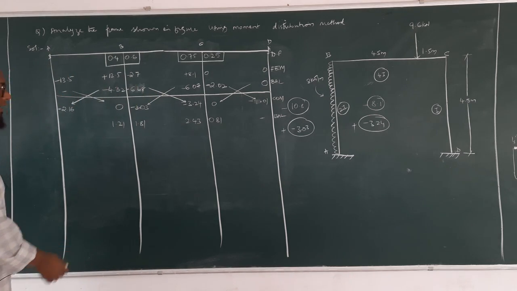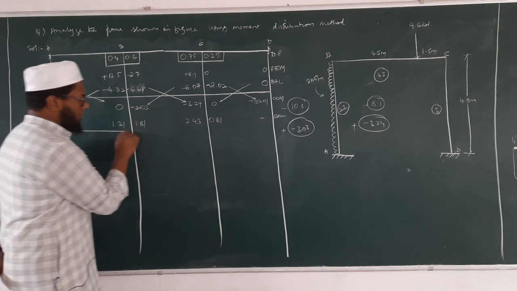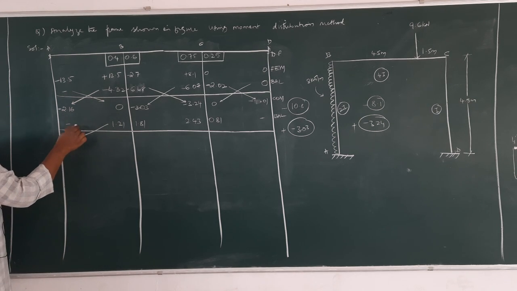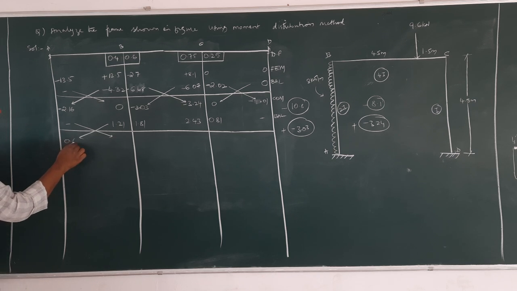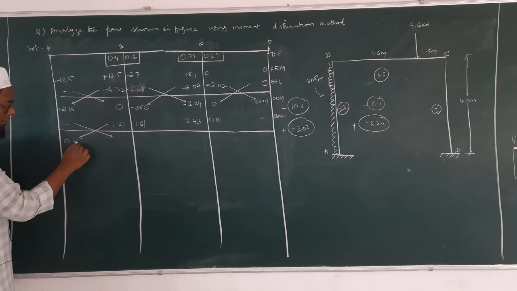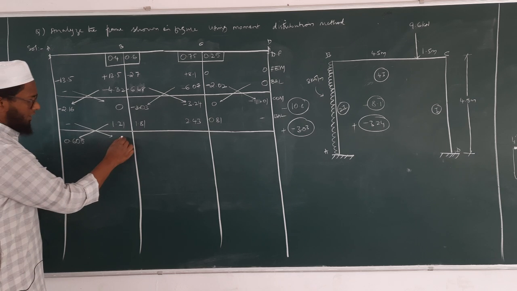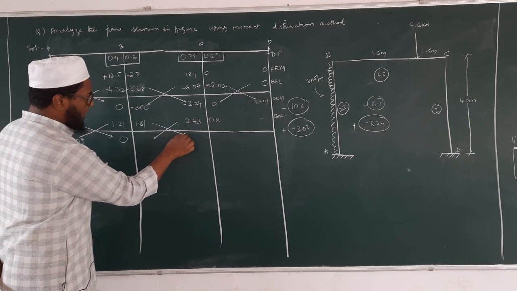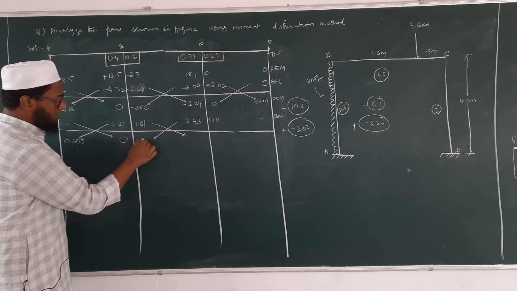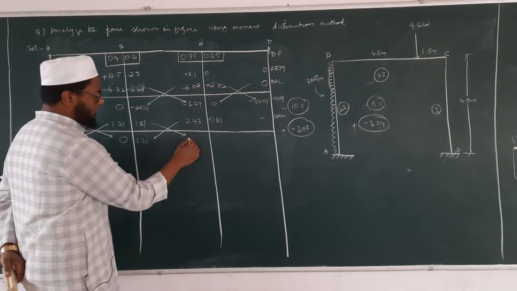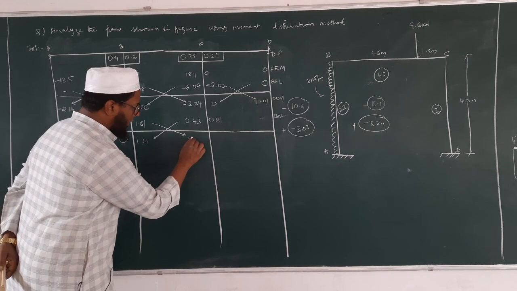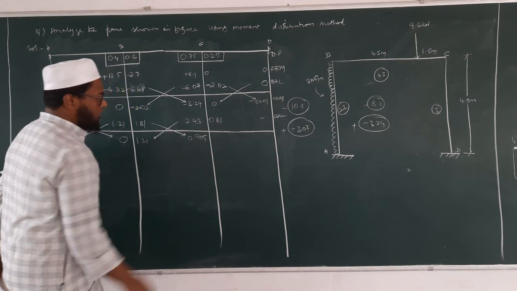So as soon as we balance, what do we do? We start our carryover moment, right? 0.605, and here we'll have 0, then here 1.21, and here 0.905.